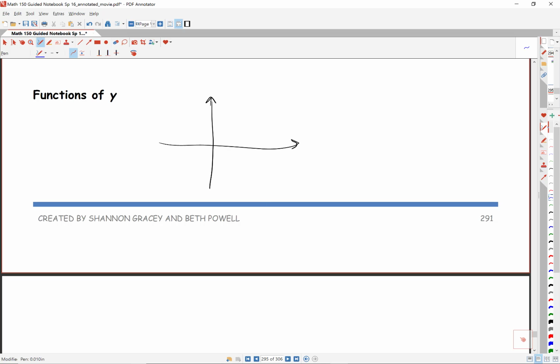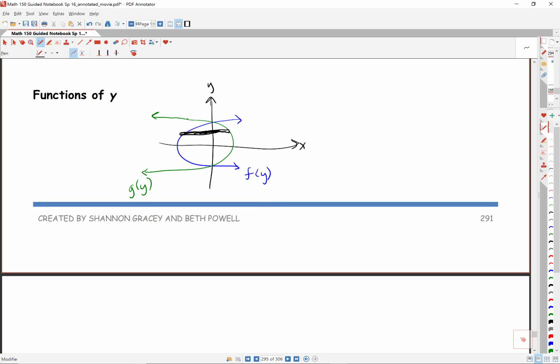Okay, so let's say you had some function of y. Let's say it looked like this. So this was your function of y. And suppose you had another function of y that looked like this. So this would be g of y. And this is x and this is y. So what happens is, instead of topmost minus bottommost, we're looking at rightmost minus leftmost. Because our rectangle is now going to be going this way, okay?